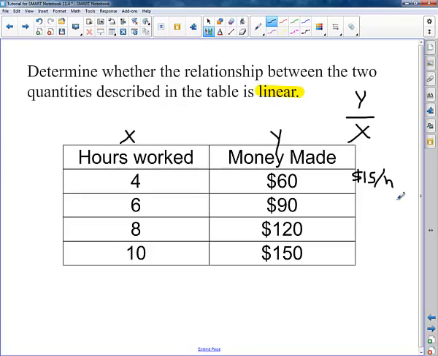Okay, so I want to check this and see, does this work for the rest of my relationships? The rest of them: 90 divided by 6, 120 divided by 8, 150 divided by 10. I need to see, does this work for the rest of these numbers? So I just continue to do this for the rest of them. 90 divided by 6.